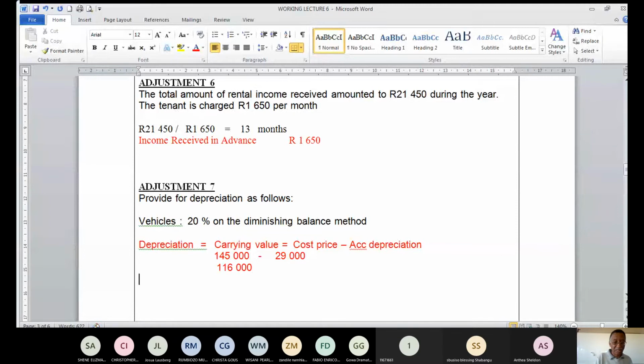And the depreciation must be calculated at 116,000 times 20%, and that will give you a depreciation expense of 23,200 Rand. Vehicles, 23,200.